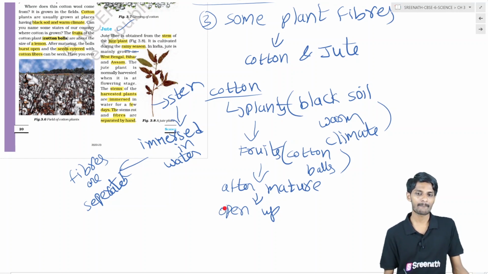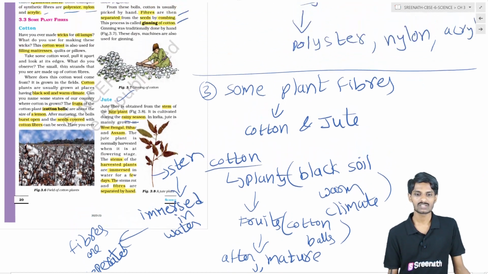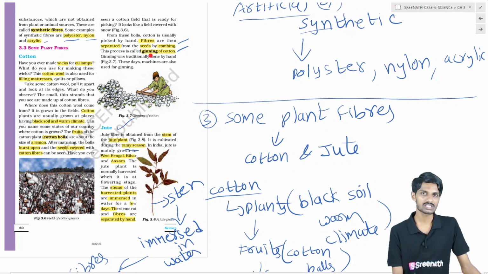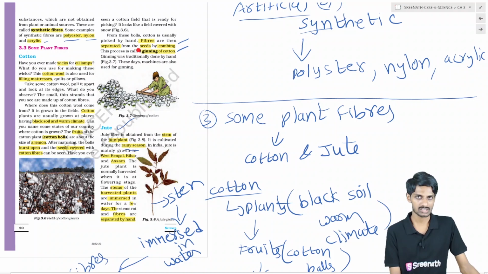These were cleaned and combed and finally separated from seeds. We call this process the ginning of cotton. The separation of seeds from fiber using combing is called the ginning of cotton. In that way, cotton fiber is prepared from plants.